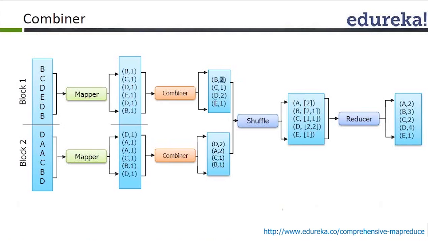So you see B is happening 2 times, D is happening 2 times on the first block. Similarly, D is happening 2 times and A is happening 2 times on the second block. So the combiner does a mini reducing on the mapper side so that your disk IO and your network IO would be reduced. Okay, fantastic, Subrat.